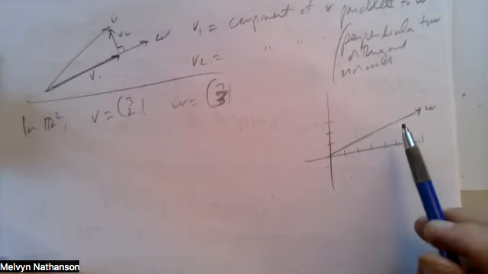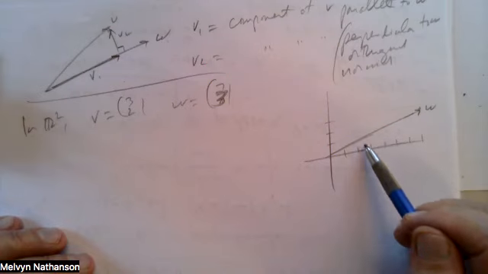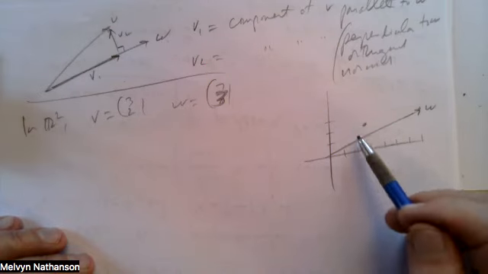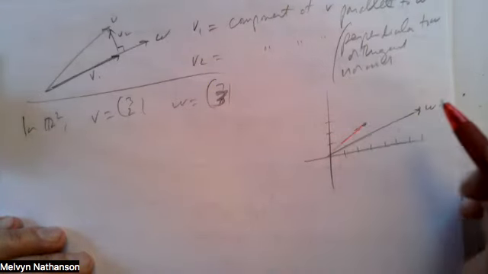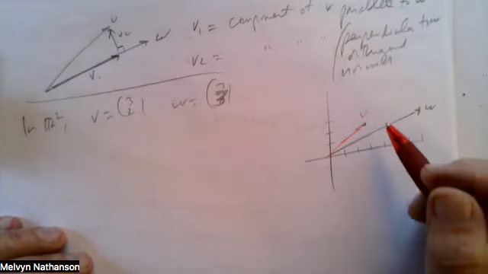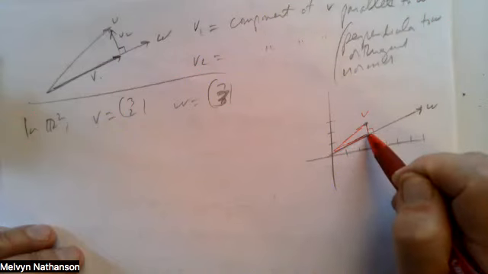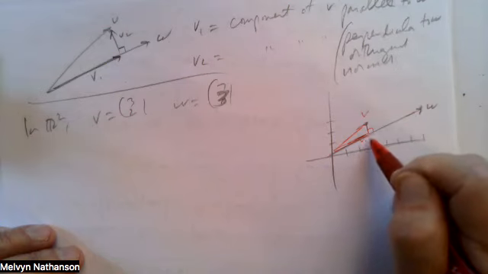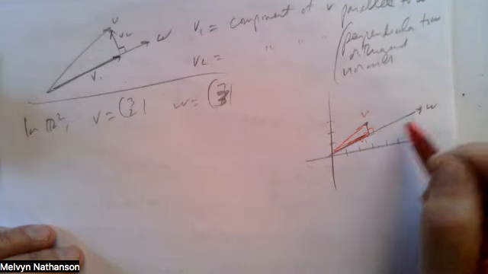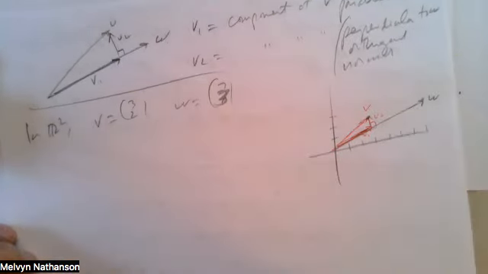So this is the vector W. And (3, 2) is here. This is the vector V. And I want to find the parallel and the perpendicular components of V with respect to W. So V1 will be this vector parallel to W, and V2 is this vector perpendicular to W. Right? So how do I find them?